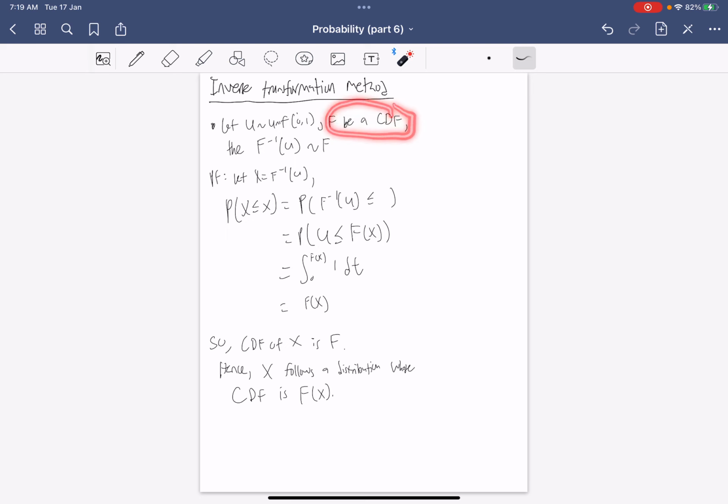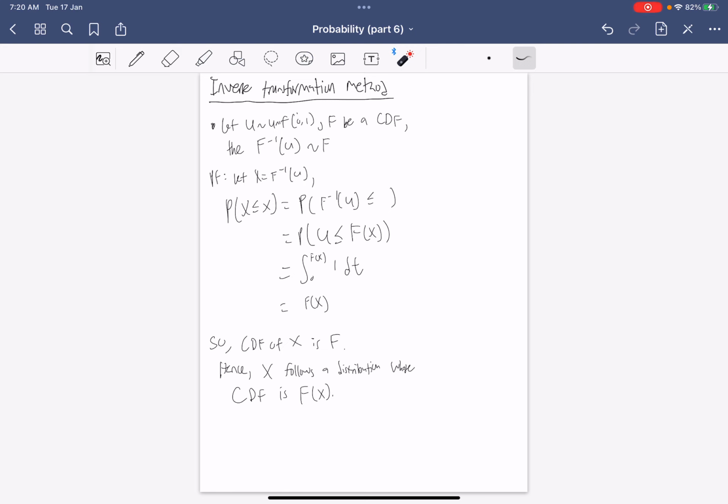Then if you were to take the inverse of this CDF and evaluate it at this uniform random variable, this random variable now will follow the CDF. And by following the CDF, we already know that it follows the PDF, and so it follows the distribution of the supposed generated CDF.